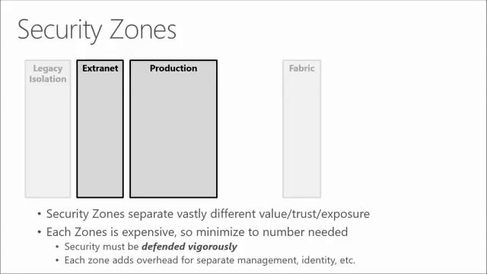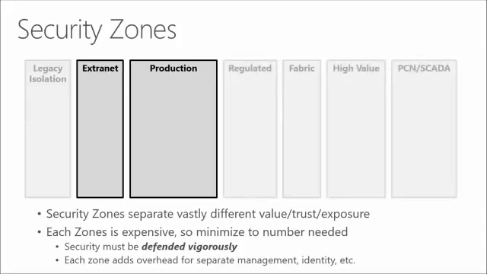If you have a separate fabric that is running a private cloud fabric, that may justify an additional zone. Regulated data such as personally identifiable information, personal health information, very specific high-value assets known to the organization, or process control or SCADA. So those are the typical scenarios where a security zone would be justified.